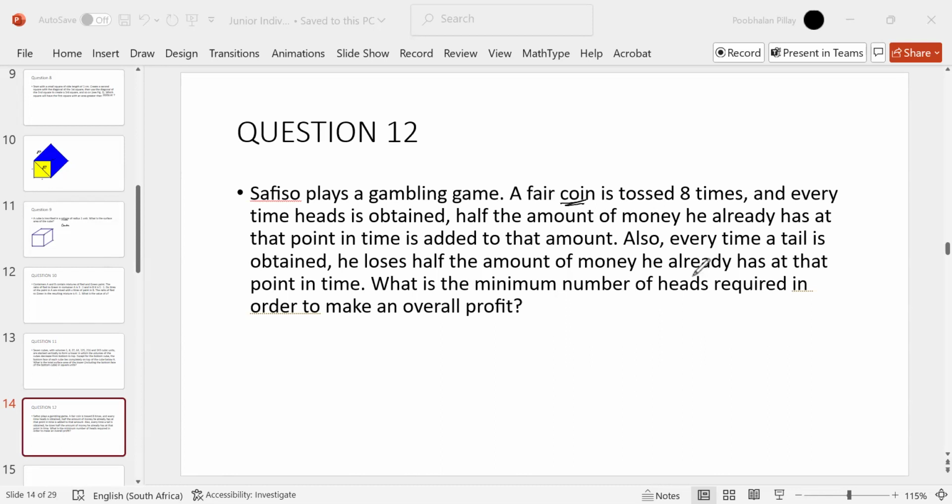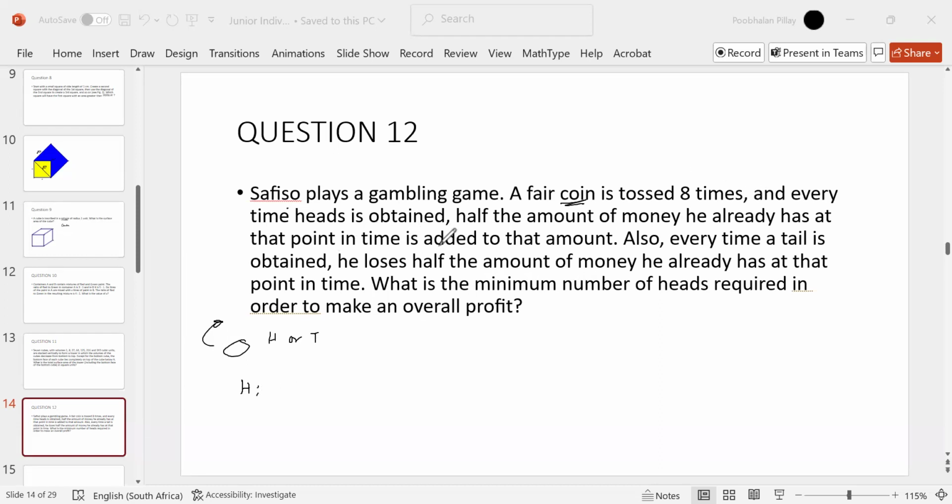It's tossed 8 times. And every time heads is obtained, half the amount that Sophiso has already at that point in time is added to that amount. All right. Now let's just try to put that in perspective. You've got a coin, which is flicked, right? So you have either heads or tails.